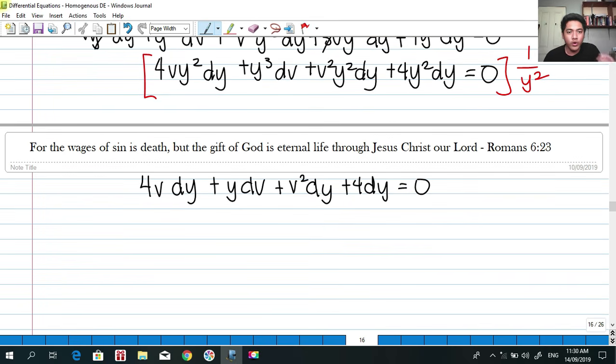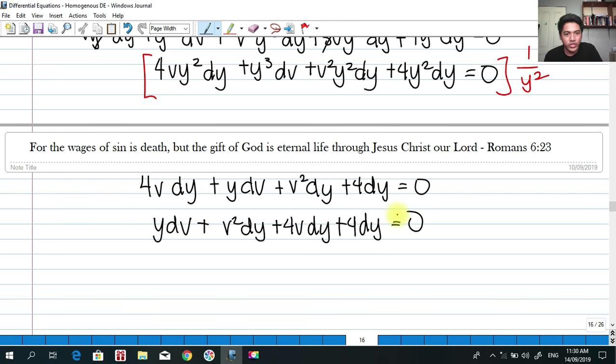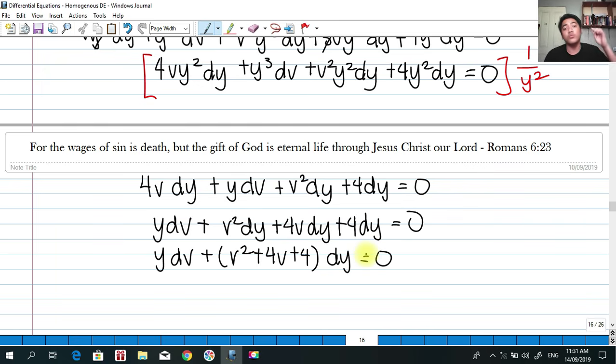Combining like terms, we have y dv plus v squared dy plus 4v dy plus 4 dy is equal to 0. Factoring out dy, we have v squared plus 4v plus 4 dy is equal now to 0.